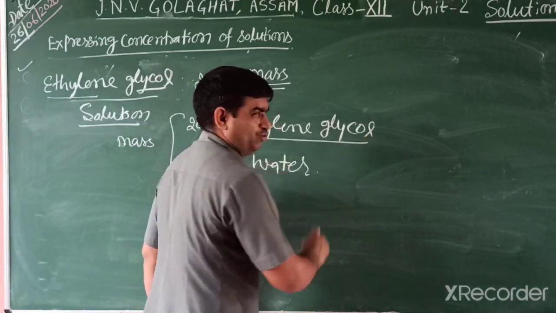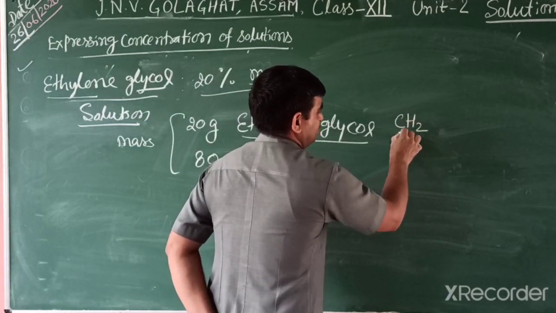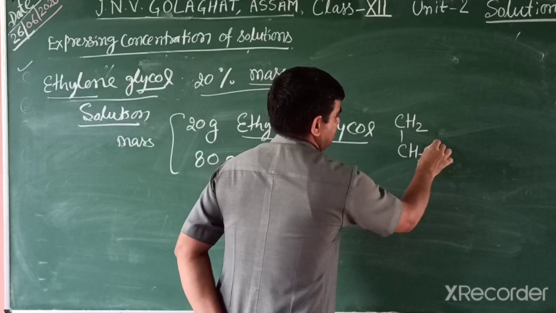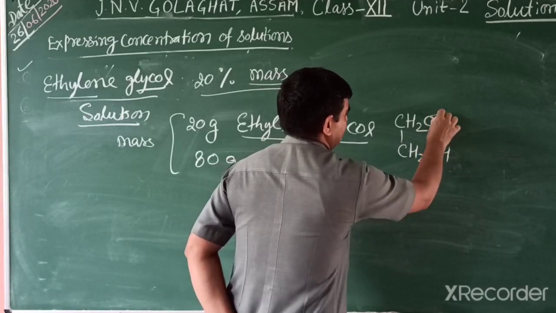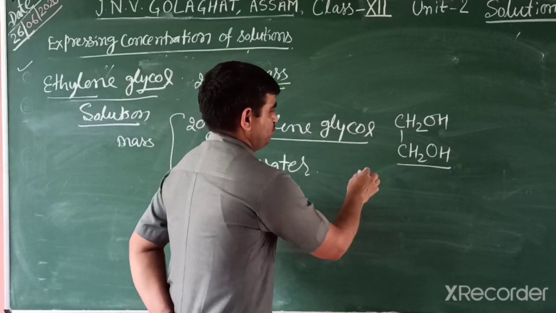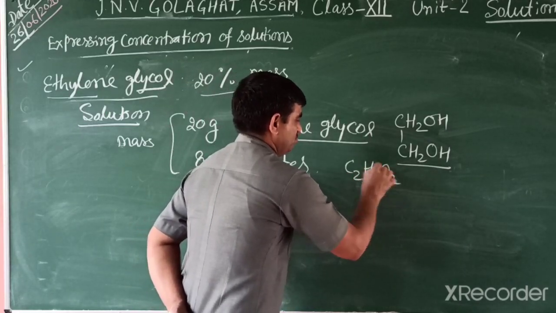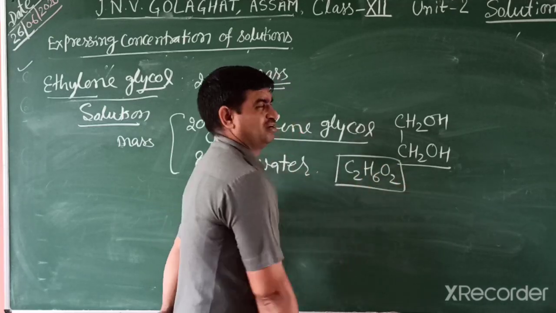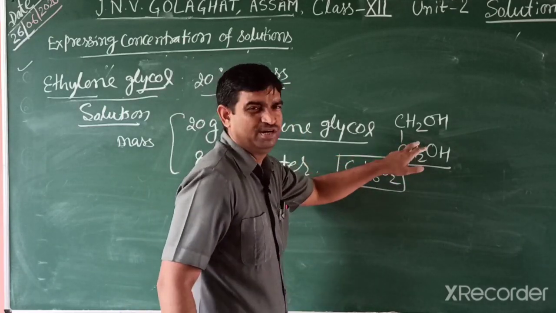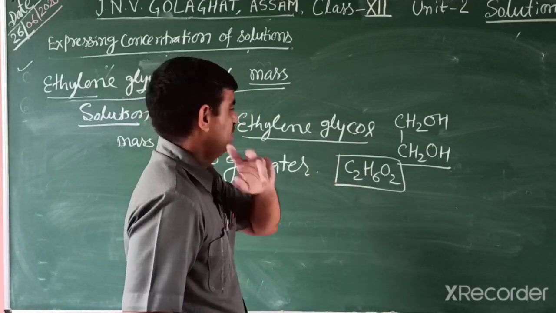First we identify its formula. This compound is an alcohol like this. This one is ethylene glycol, and its formula you can write as C2H6O2. This is the molecular formula, but this is the structural formula. So first we identify its molar mass.